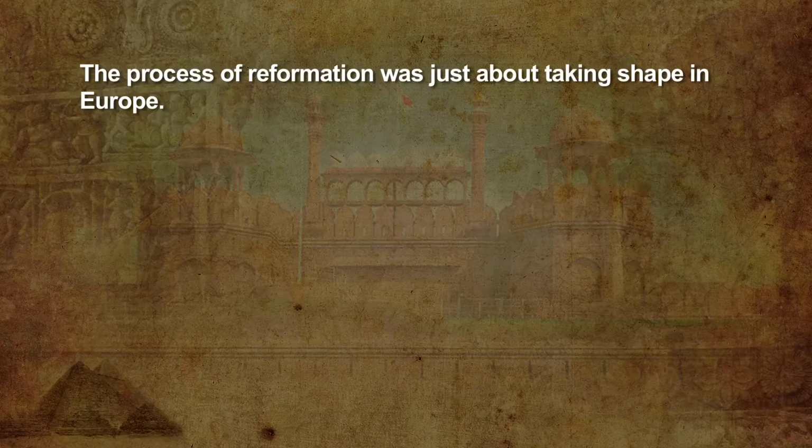We all know the sacred text of Christianity is the Bible. Now, a process of reformation was just about taking shape in Europe, and there were people who did not agree to the kind of interpretations which the organized church used to be making of the Bible. So they dissented and wanted to live the faith the way they understood it.